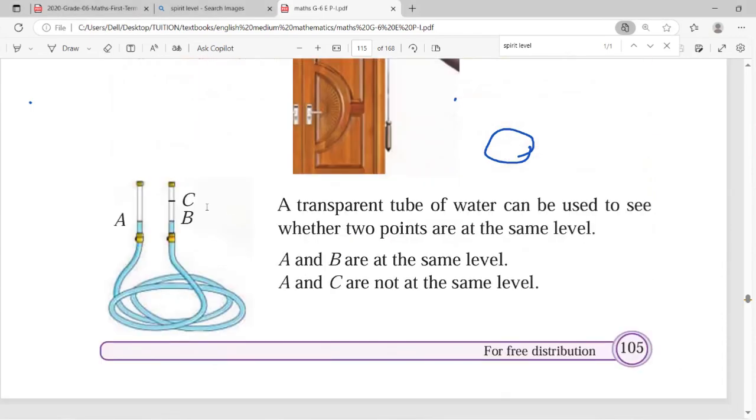It is called this transparent tube of water. Actually, you can see this. You can use this kind of thing also to determine whether a plane or a line is horizontal, right? And also we have another tool called this plumb.